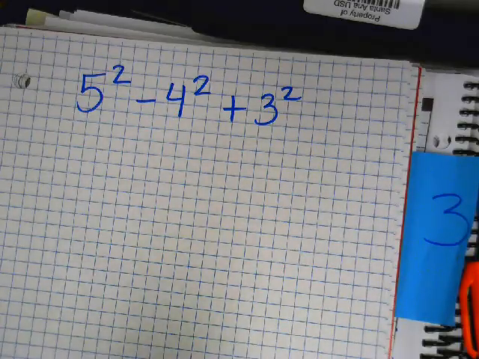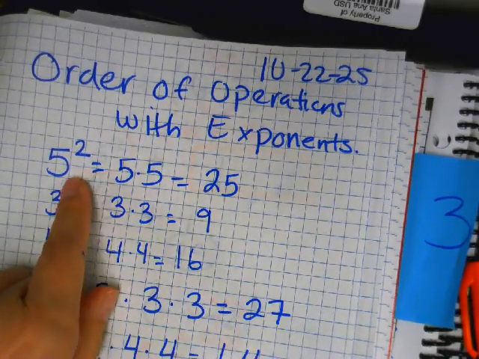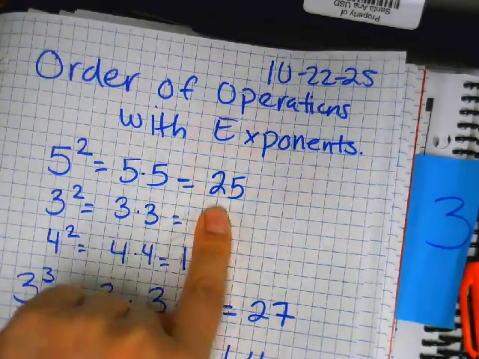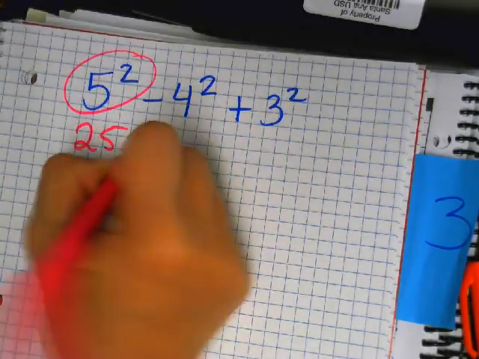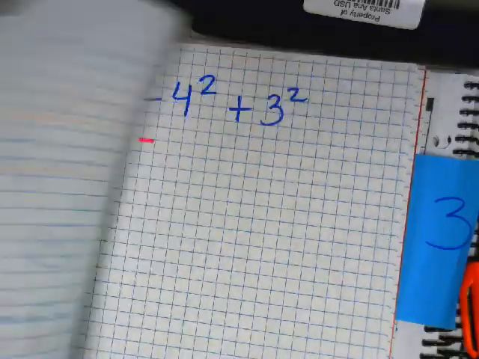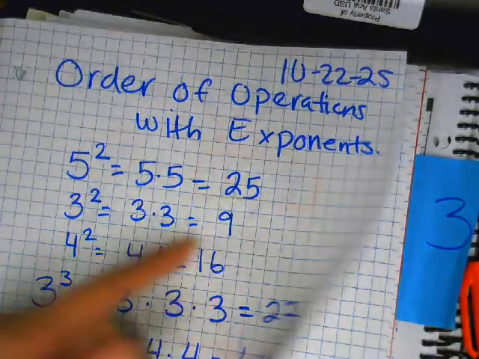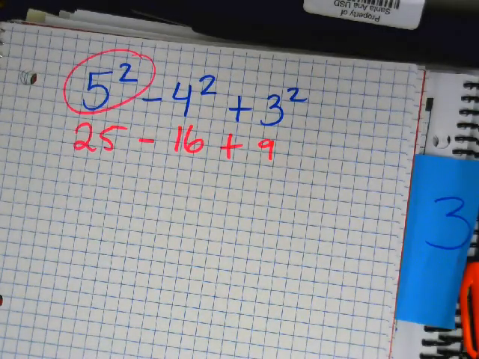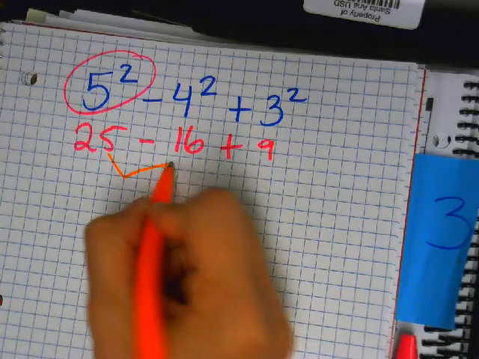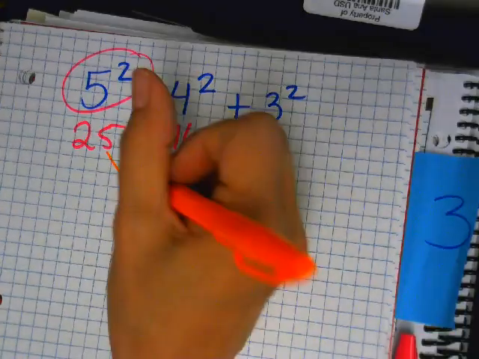So, you have it right there. You just could look. Oh, there's my answer. 25. Miles, what's 4 squared? Oh, it's right there. 16. Plus 3 squared. Oh, it's right there. 25 minus 16, 9.